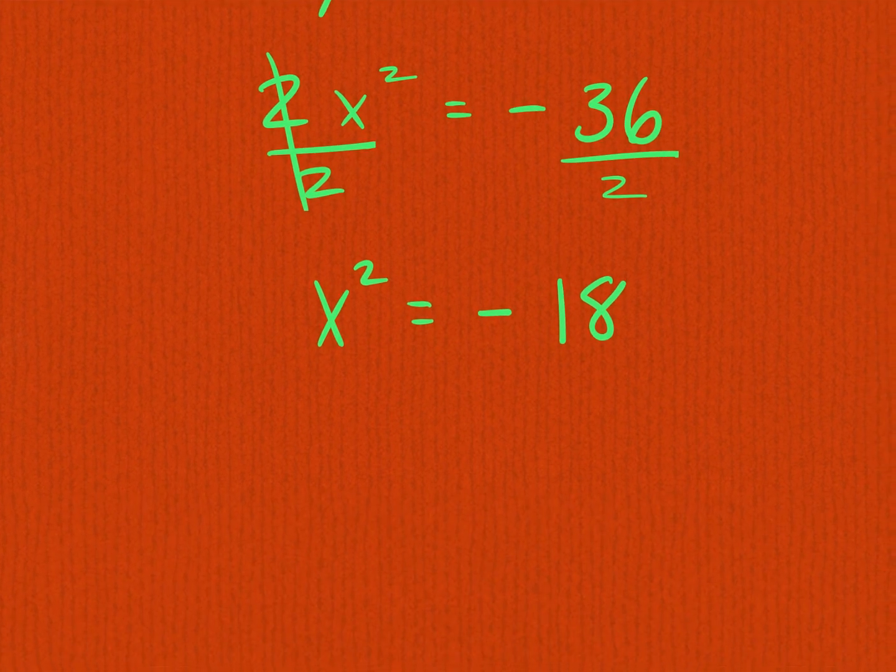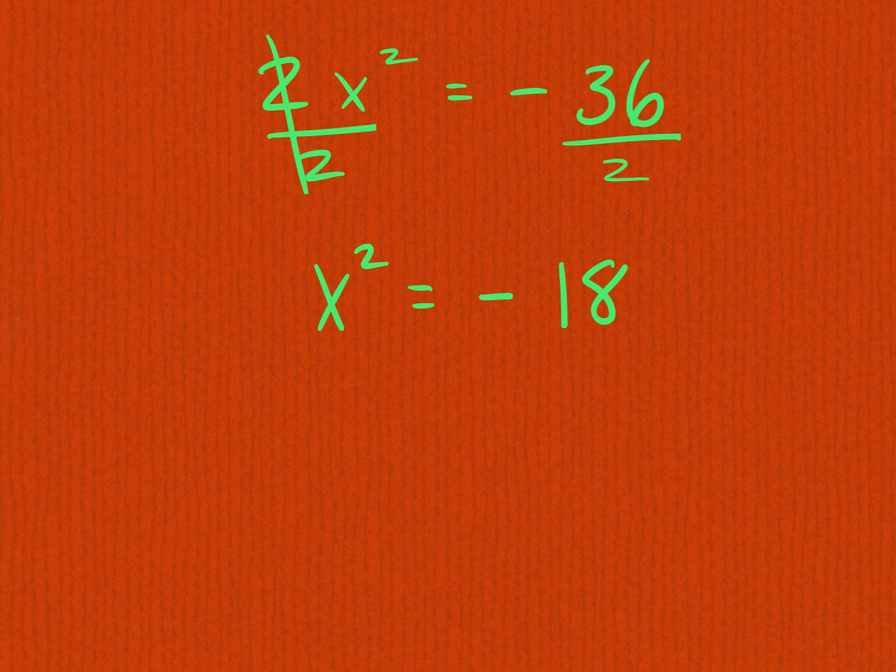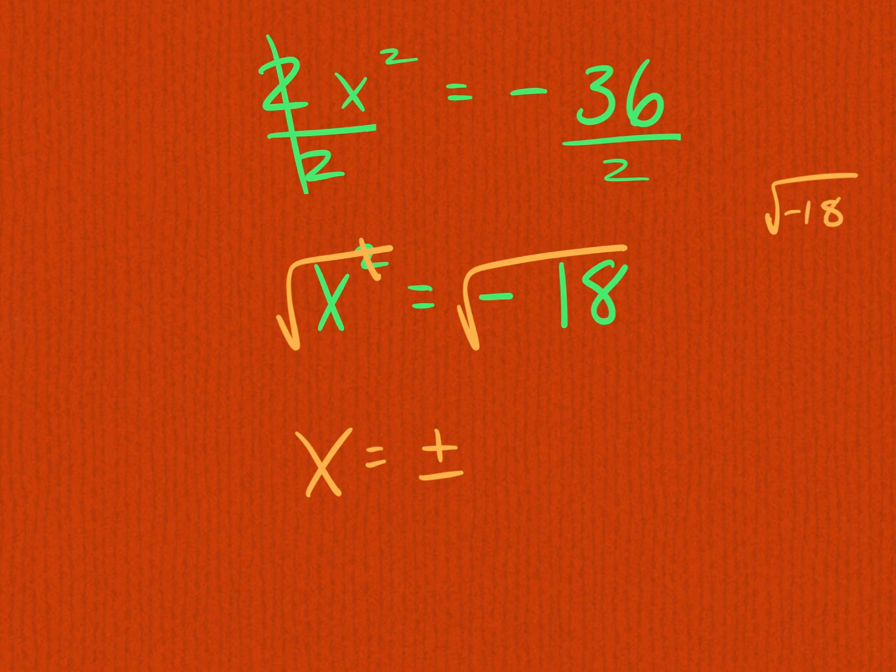Now what would we do next to solve? Square root both sides, so it cancels out with the squared. Anytime I take the square root of both sides, what do I need? Plus or minus. Now here's 18 a perfect square? No. So we want to break it down and see when we simplify the square root of negative 18, what do we get?